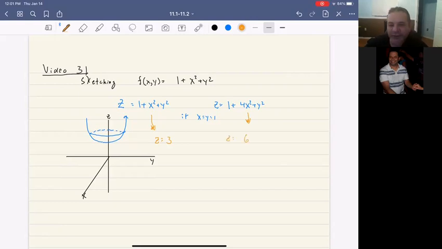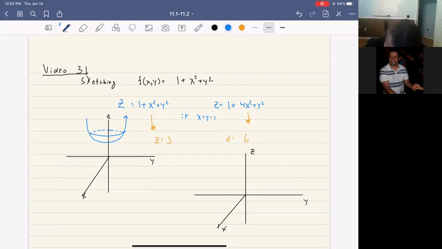Okay, so what's that mean in terms of the graph? Again, x, y, z.